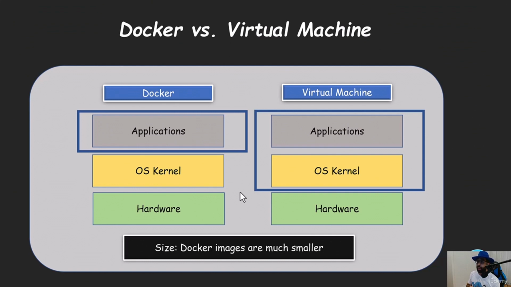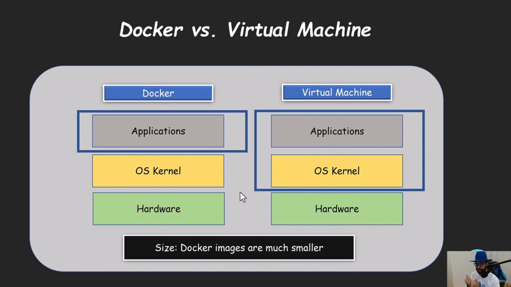Anyways, so Docker, by virtualizing only the second layer, which is the applications layer, becomes much smaller. So Docker images are much smaller than a whole virtual machine, because Docker does not really virtualize the operating system kernel.